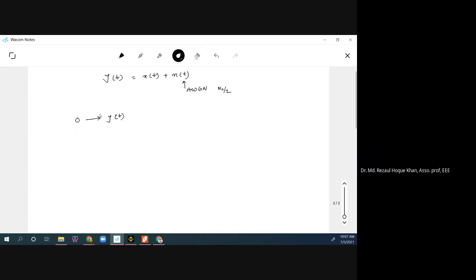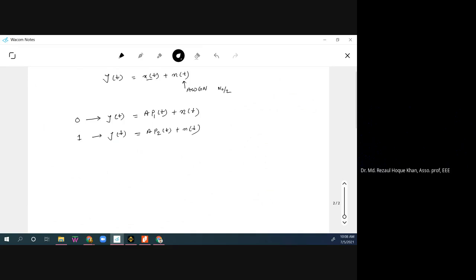Now for bit 0, the output y(t) is equal to x, which changes now, whether it could be the p1 or p2 pulse. So a p1(t) plus noise, or if it's 1, then the output y(t) becomes a p2(t) plus n(t).